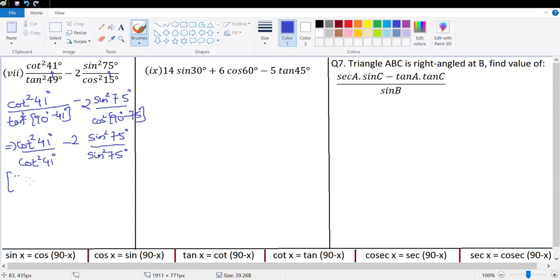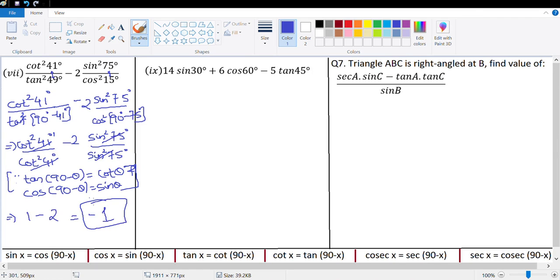Since tan 90 minus theta is equal to cot theta, and cos 90 minus theta is equal to sine theta. So these are the two reasons, which means this is 1. So this is 1 minus 2 multiplied by 1, that's 1 minus 2. This is negative 1. That's my answer. Let's look at the next question, part 9.